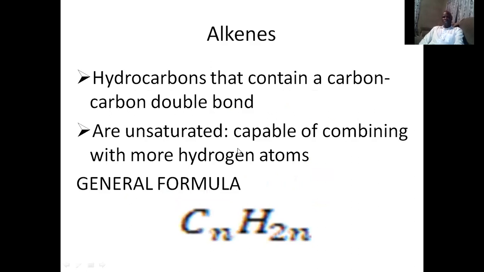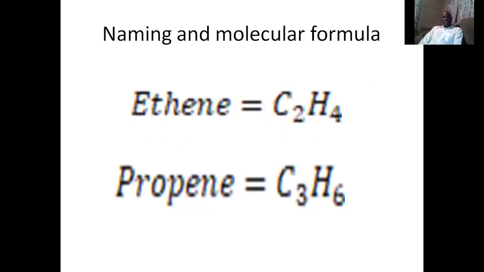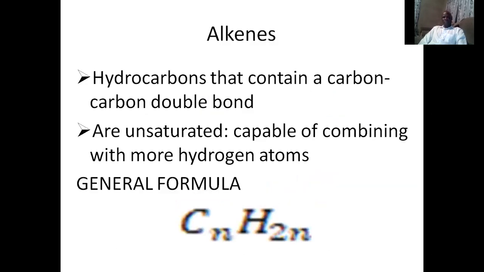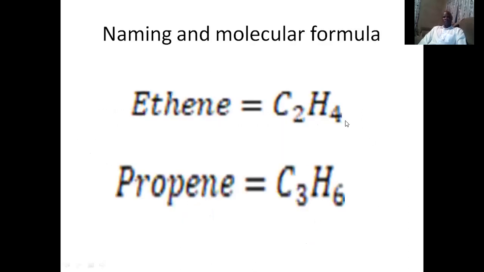And methane has only one carbon, and therefore it does not exist as an alkene. So the alkene starts from ethene, meaning we need to have 2 carbon atoms and then 4 hydrogen atoms. How do we get them? We get them from the general formula. Here we have 2, and then 2 times 2 gives us 4.